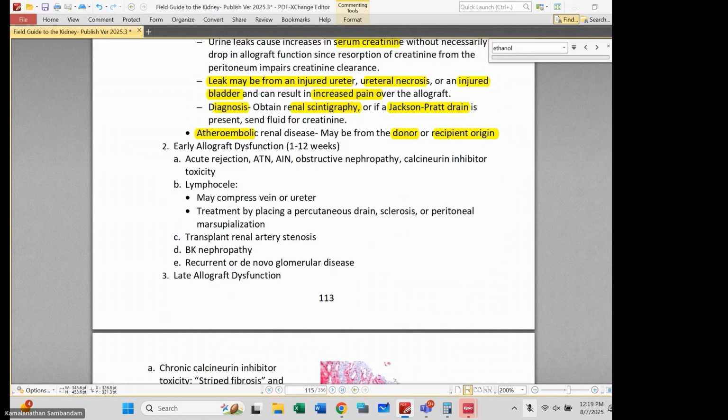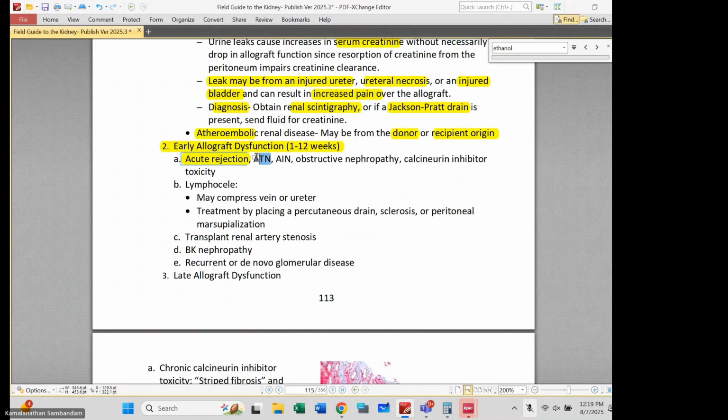Moving on from that early allograft or that immediate allograft dysfunction or DGF to early allograft dysfunction that occurs sort of in this first 3 months, let's expand out the differential further. Acute rejection is still obviously a possibility in those first 3 months.